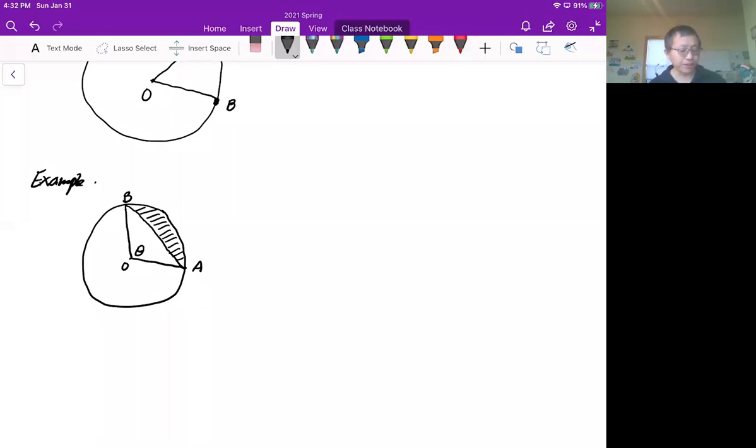So this is called the circular segment. And some of the problems in geometry ask us to find the area of the circular segment.